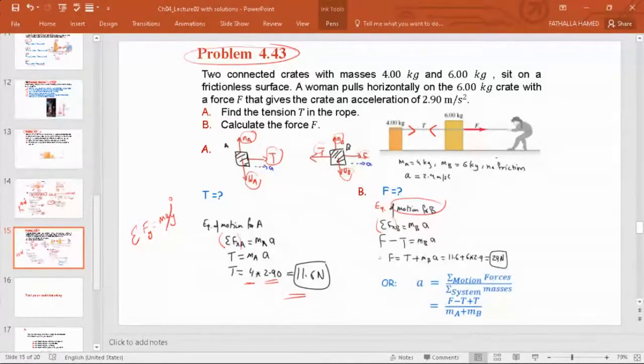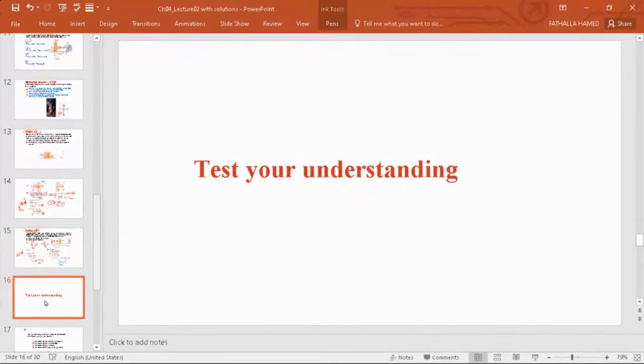What you're interested in figuring out is the applied force, so you can take this to the other side with a positive sign, and that's why F is equal to T plus M B a, which is T already found, 11.64, plus 6 times 2.9, and that gives you 29 newtons. Is this clear? So that's basically how you draw your free body diagram, how you start analyzing the motion.